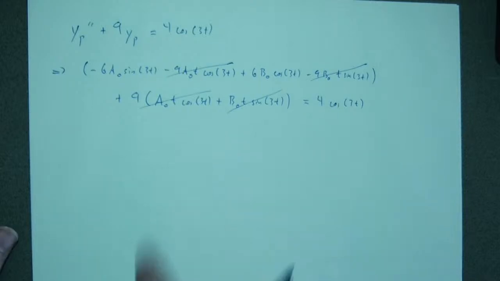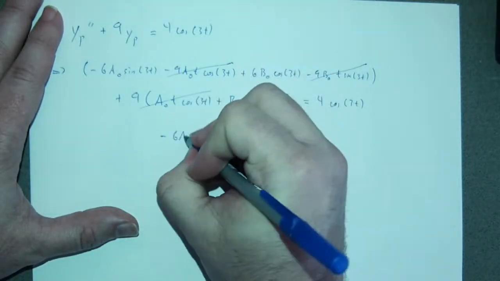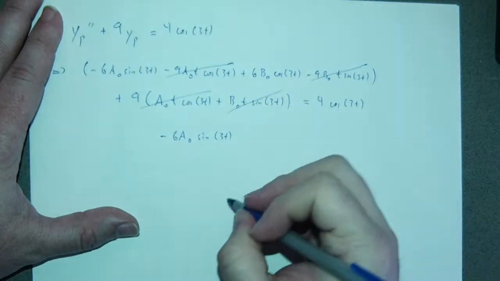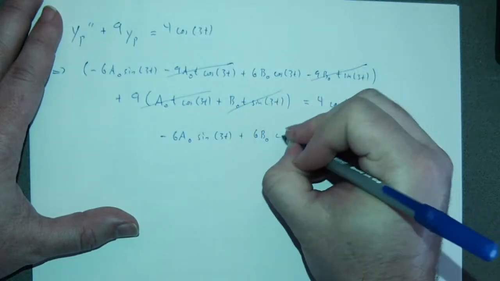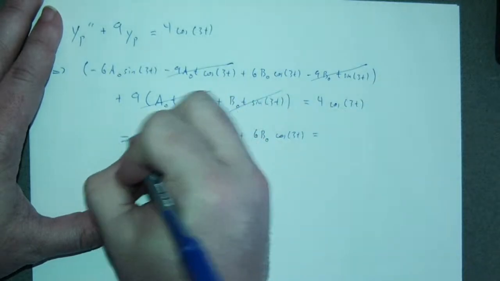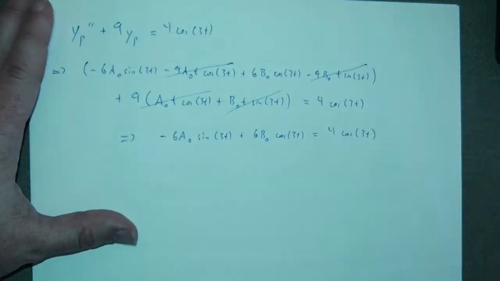So what am I left with? Well, I'm left with minus 6 a naught sine of 3t plus 6 b naught cosine of 3t is equal to 4 cosine of 3t.